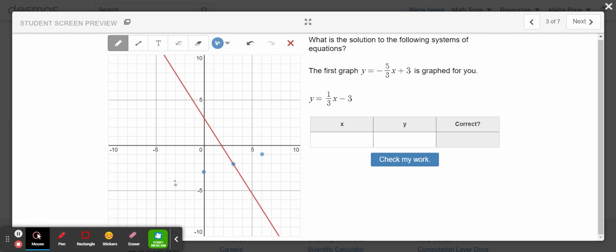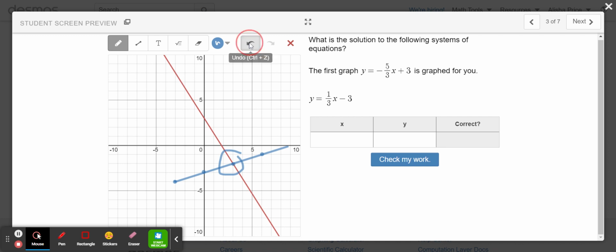Remember that you can always change to the line tool and then draw a line through those points. And then hopefully by doing that, you can see that the lines cross right here. I'm going to go ahead and draw it, that way we can see it. So right here is where I'm talking about, where they cross.